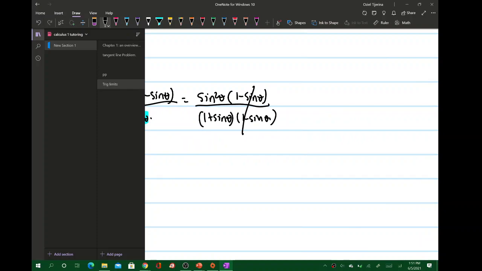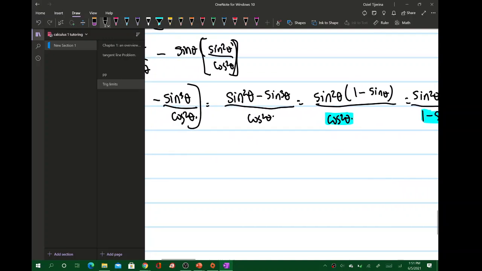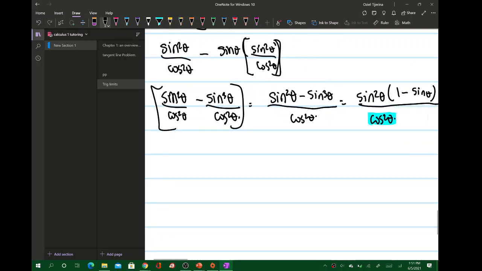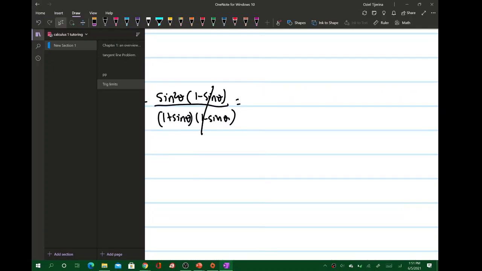Cancel that out, and then you have that this is equal to sine, or was it sine squared theta? Give me 1 second. Hold on. Yes, this is equal to sine squared theta over 1 plus sine theta.